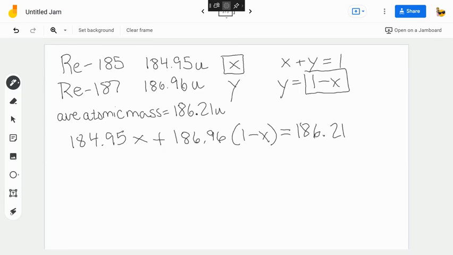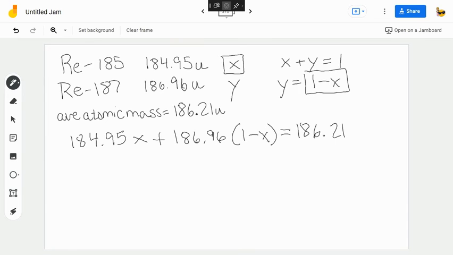Does everybody see where I got that equation from? All right, now I'm going to do the same algebra as you've learned in algebra class. This can be challenging to take what you learned in algebra class and transfer it to science class, but this is what we need to get used to doing.